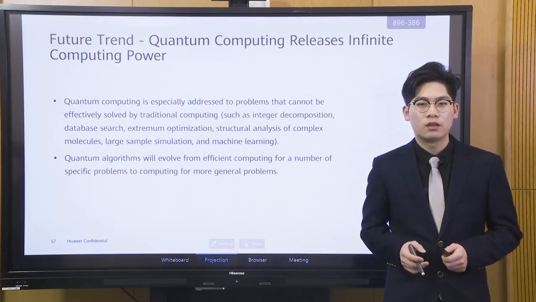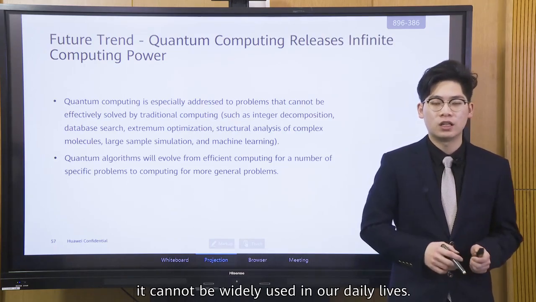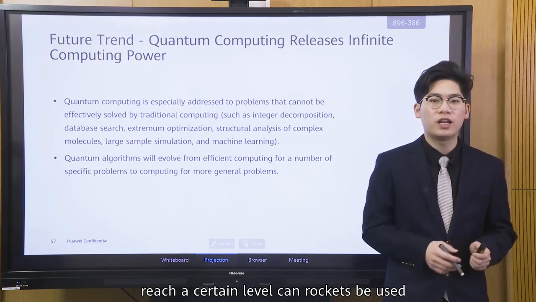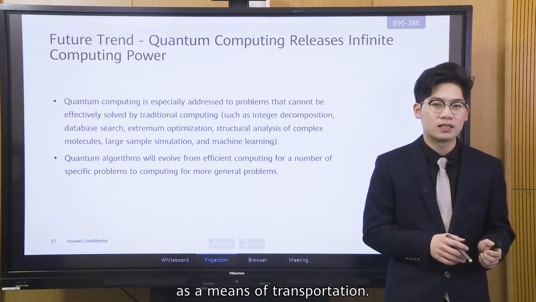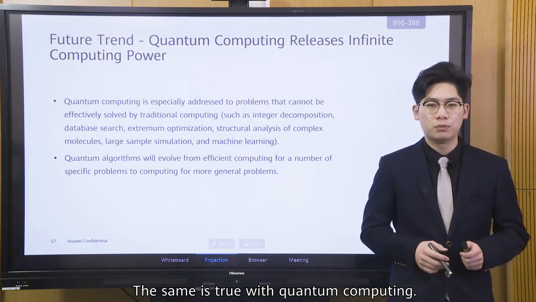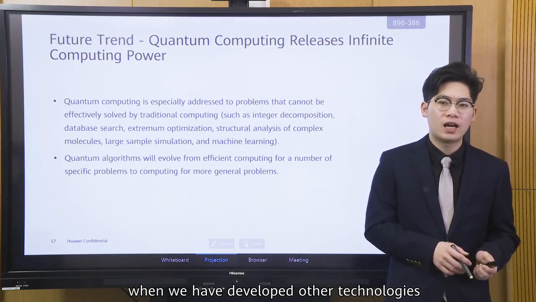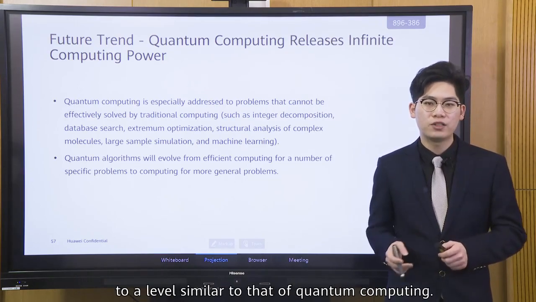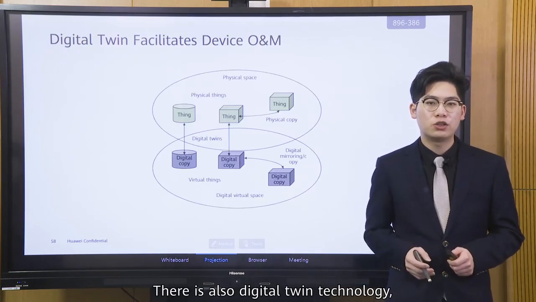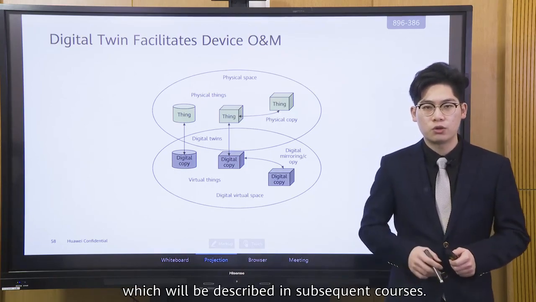What does that mean? Although the rocket is very fast, it cannot be widely used in our daily lives. Only when our living standards reach a certain level can rockets be used as a means of transportation. The same is true with quantum computing. It can only become widely used when we have developed other technologies to a level similar to that of quantum computing.